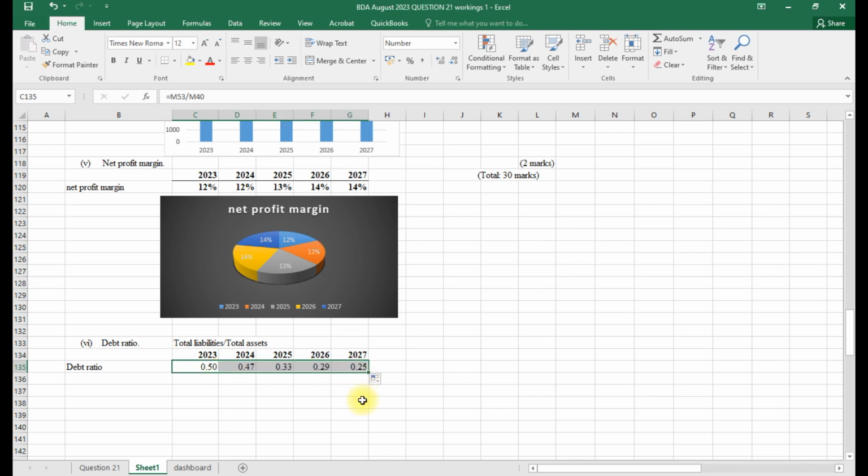So those are the debt ratio that we had, the proportion of total liability to total assets, and I will show that again.